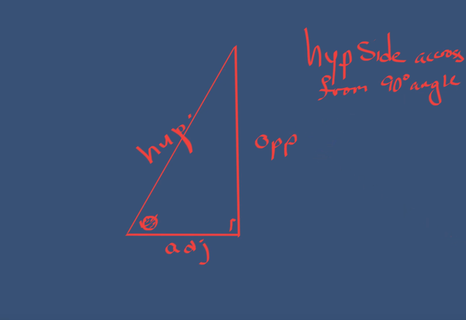The adjacent side is the side next to the reference angle, the angle that you're given.